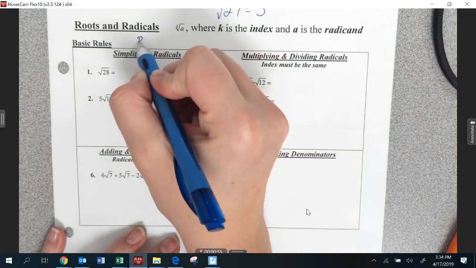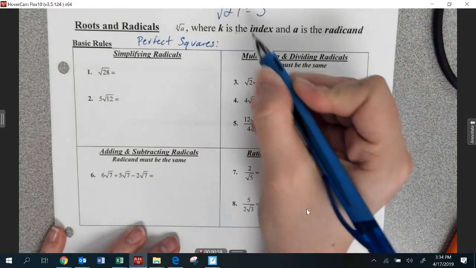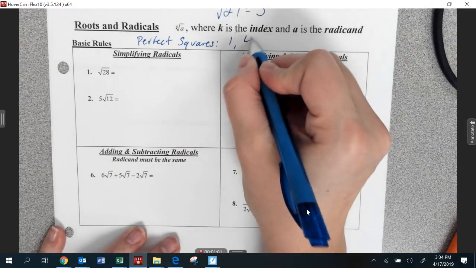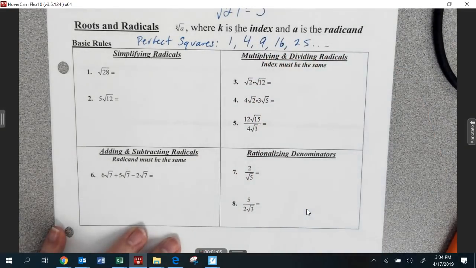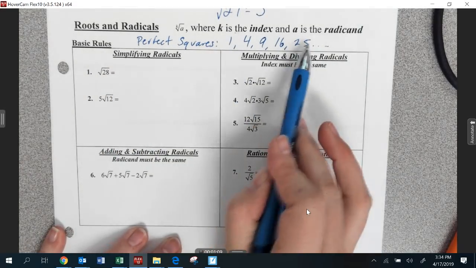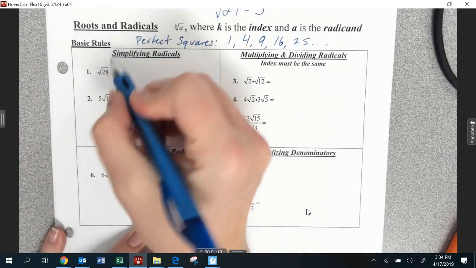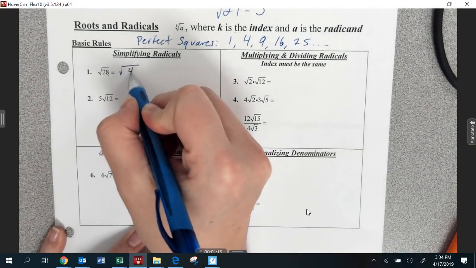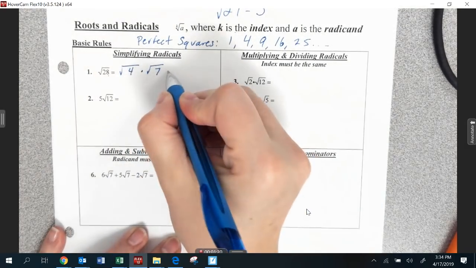form. So just real quick, I'm going to make a list of my perfect squares. These are numbers that I can square root, so like 1, 4, 9, 16, 25, etc. What I look at is, are there any of these numbers that would divide into 28? And the answer to that is 4. So I'm going to rewrite this as a product of the square root of 4 times the square root of 7.